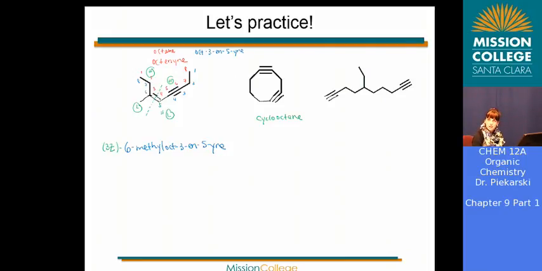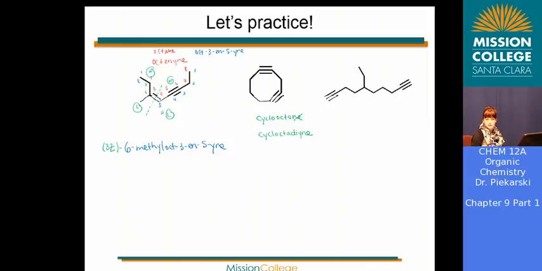However, it's not an octane anymore. It has 2 triple bonds, so we would say it has a diyne. And so we're going to drop the NE and keep the A because we're starting our suffix with a consonant. So this is going to be a cyclooctadiyne. Okay.